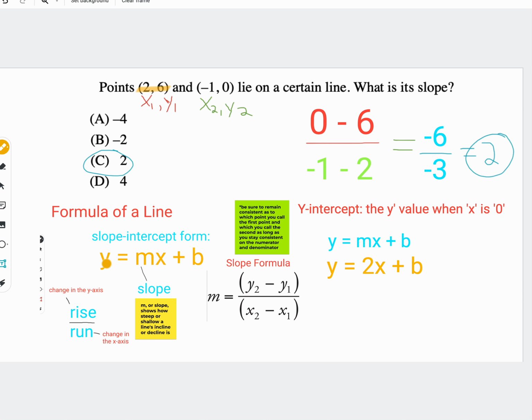Now the equation will become 6 equals 2 times 2 plus b. Now let's multiply 2 and 2 together to find that 6 equals 4 plus b.